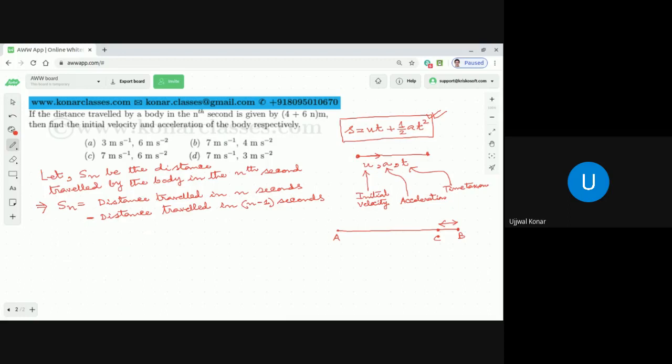That means in the entire 5 seconds how much distance I have traveled minus how much distance I have traveled in the 4 seconds. Then that difference tells that this we have covered in the fifth second. Correct? And as this is the case, what we are going to find is that we are going to derive it.